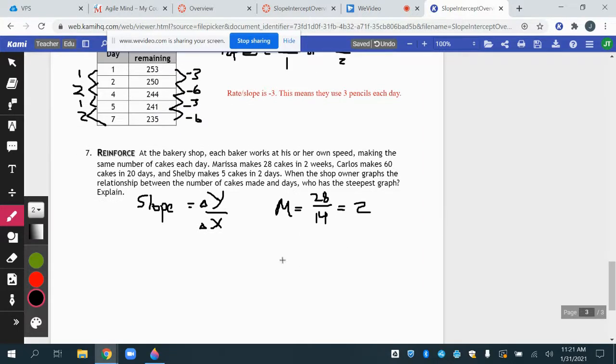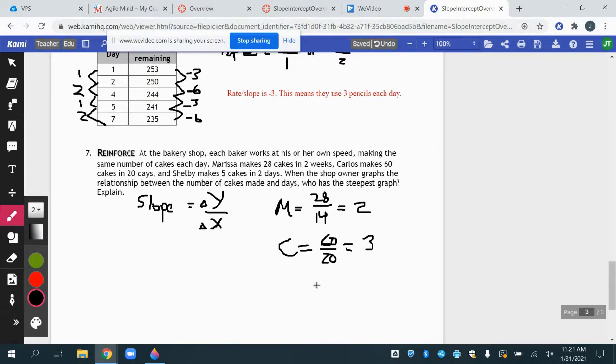All right, Carlos makes 60 cakes in 20 days. So Carlos, 60 cakes in 20 days. He made a lot more cakes, but he has more time, right? But if I look at that, that actually simplifies to 3. So if I can write these as fractions, the fractions kind of resolve the issue.